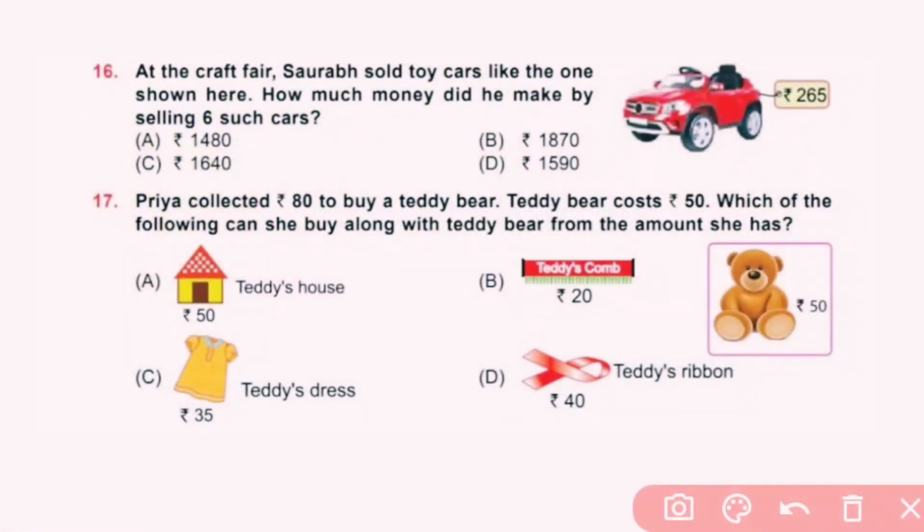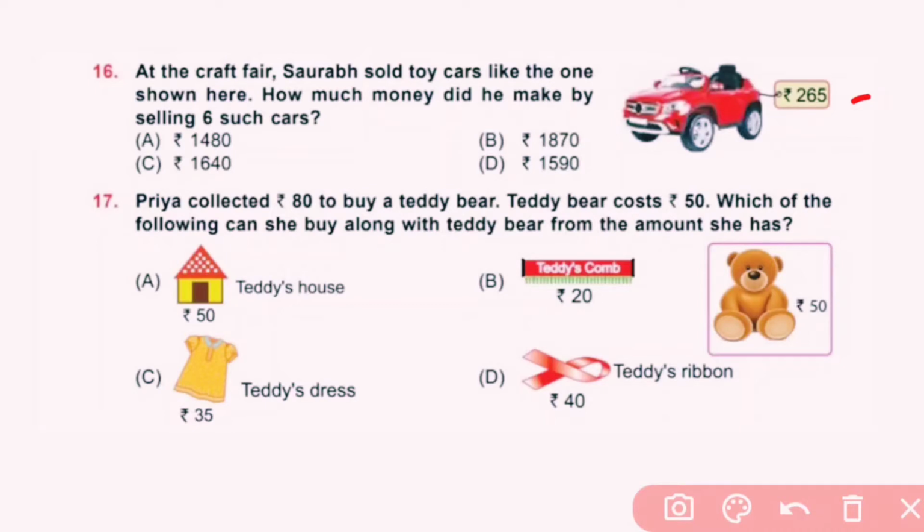Let's start with question number 16. At the craft fair, Saurabh sold toy cars like the one shown here. How much money did he make by selling 6 such cars? So here one car is for 265 rupees. He sold 6 toy cars.